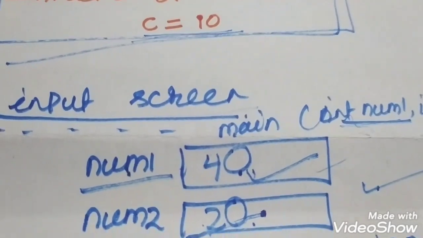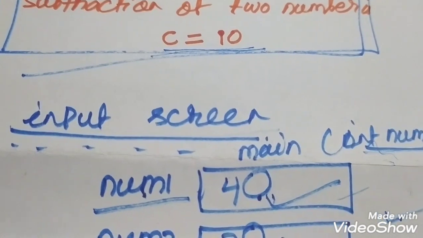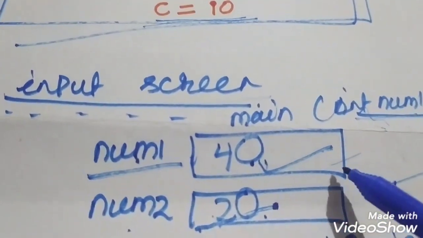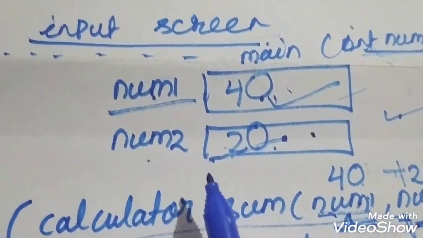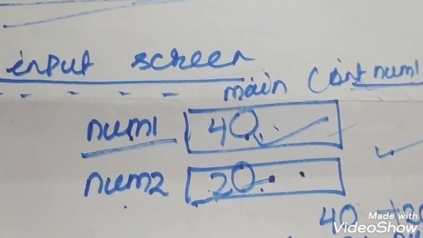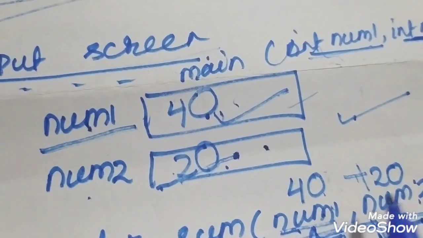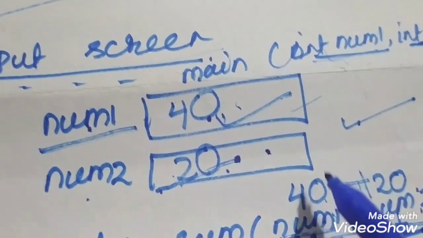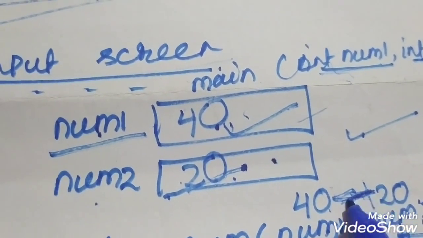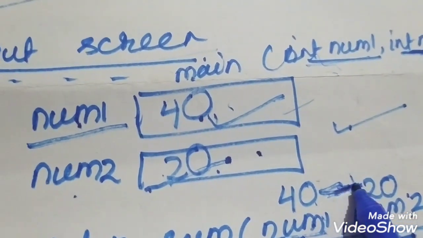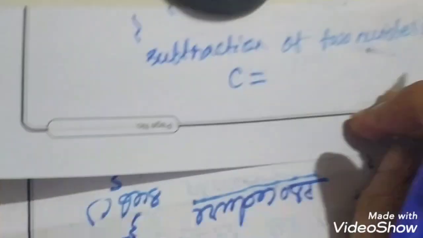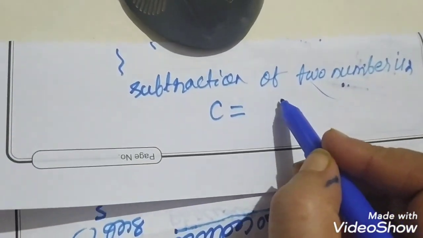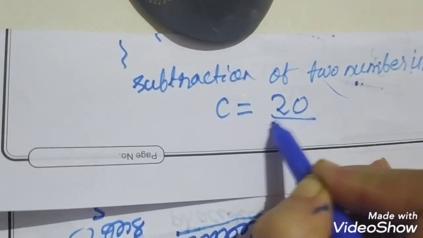Okay. Again, for the subtraction method, the same input screen, num1 and num2, 40 and 20, has to be used. The num1 and num2 values 40 and 20 have to be taken, and here 40 minus 20 has to be done, and the output screen will look like this: the subtraction of two numbers c is equal to 20, that has to be displayed.